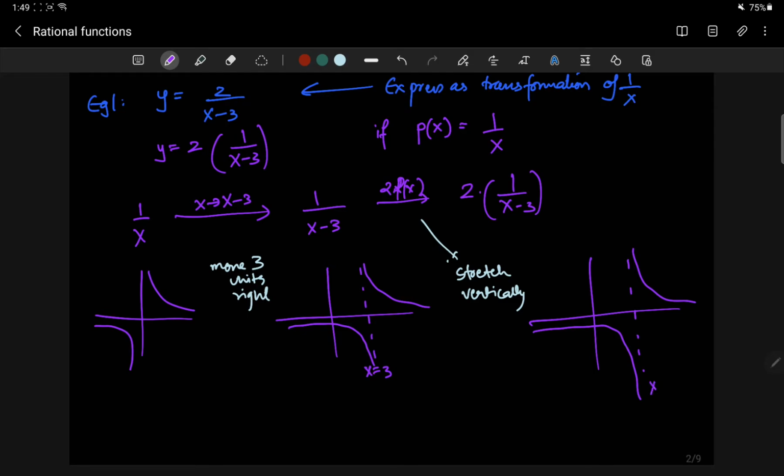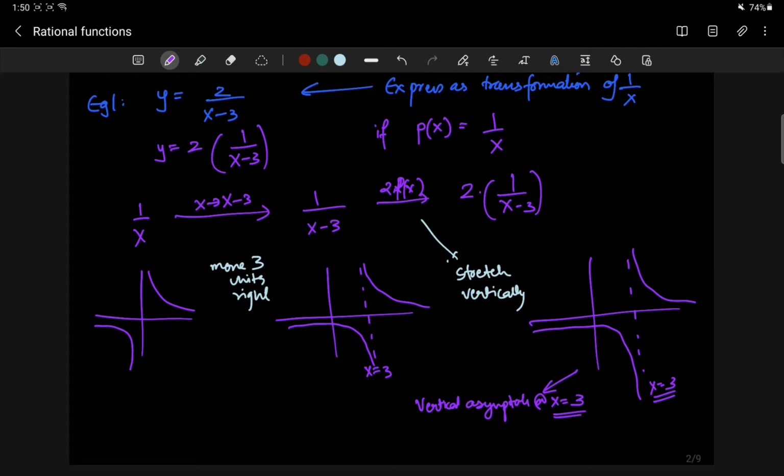So now, using just transformations and the fact that we know the graph of 1 over x, we have a graph of 2 over x minus 3, and we also know that this has a vertical asymptote at x equals 3, which you could have directly obtained from the fact that you have an x minus 3 in the denominator, so 3 is not in the domain.